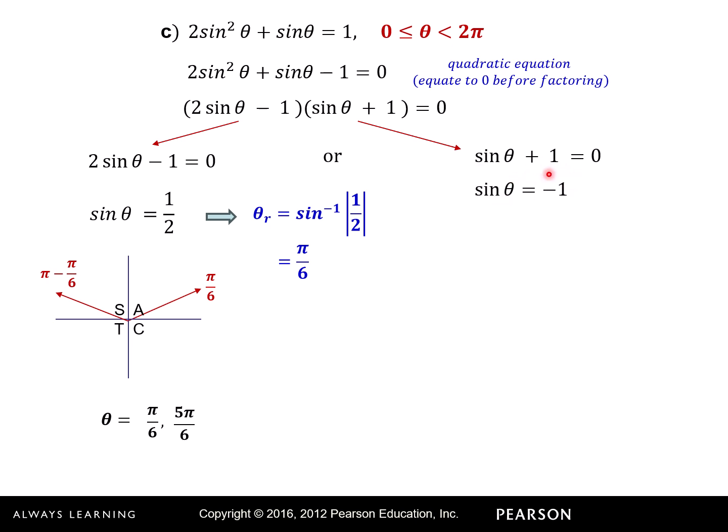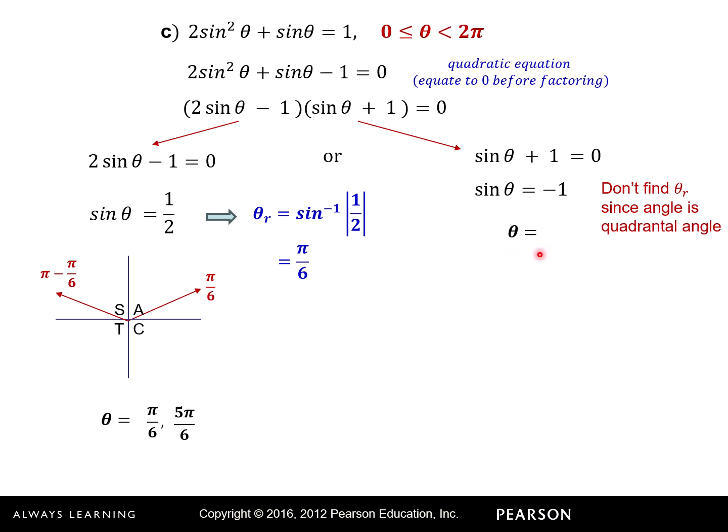So we move the positive 1 to the other side, and it will give us sine theta is equal to -1. Then do not find the reference angle here since the angle here is a quadrantal angle. You can check that also in the calculator. It will give you not an acute angle. It will be pi/2 or negative pi/2.